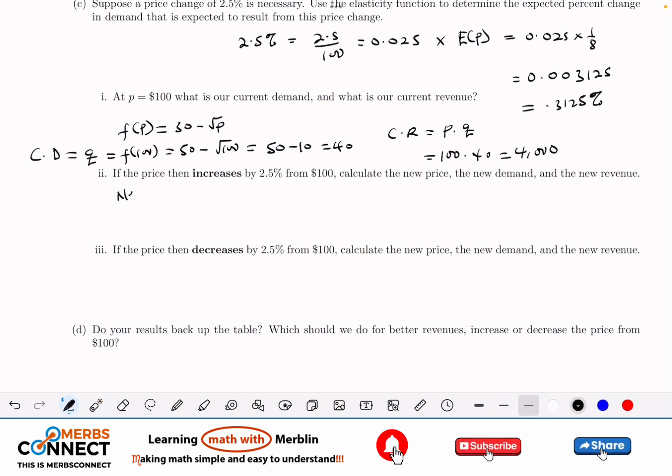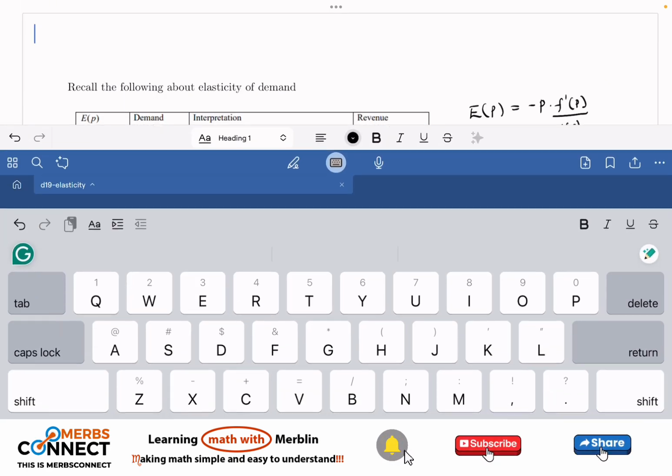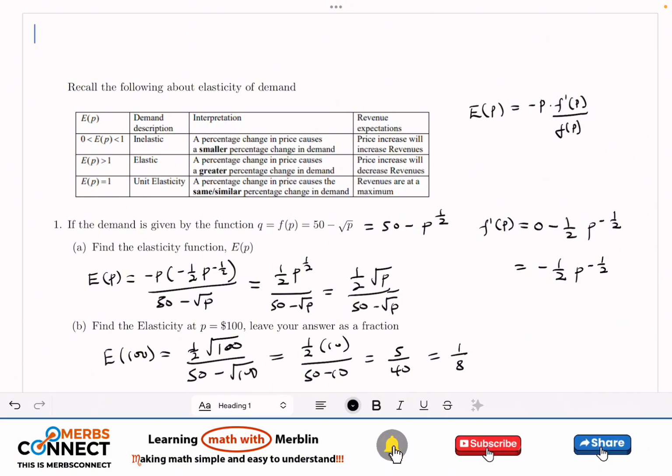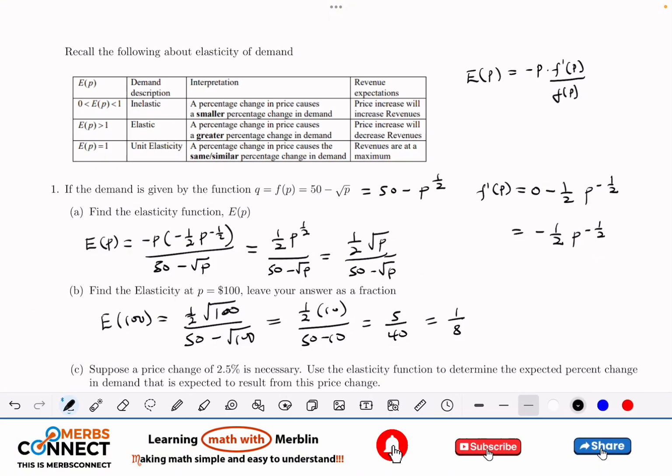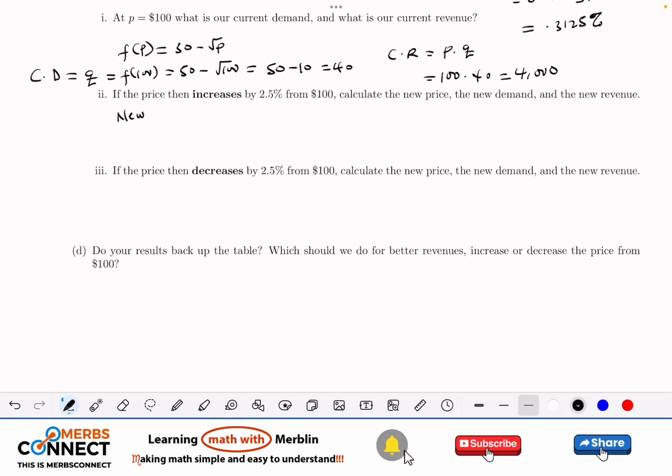We are saying that new price is equal to old price times 1 plus the change in price.